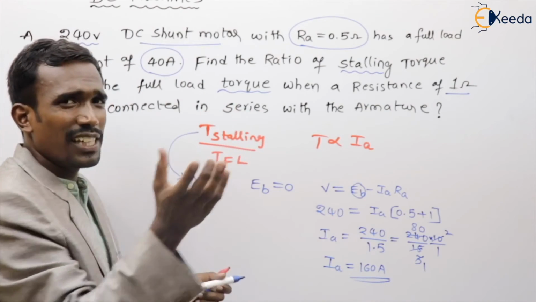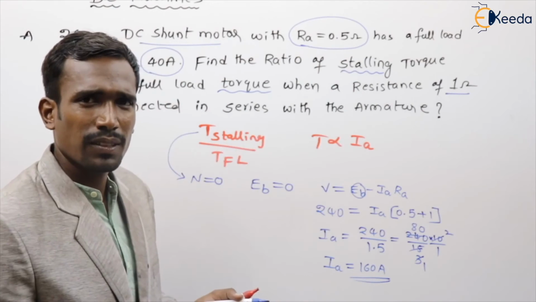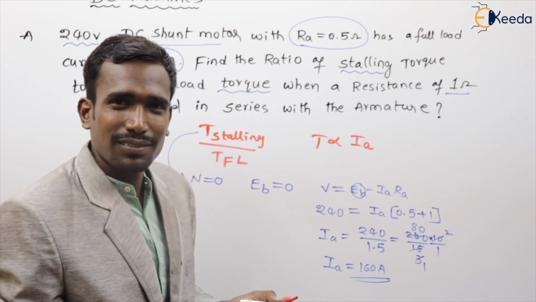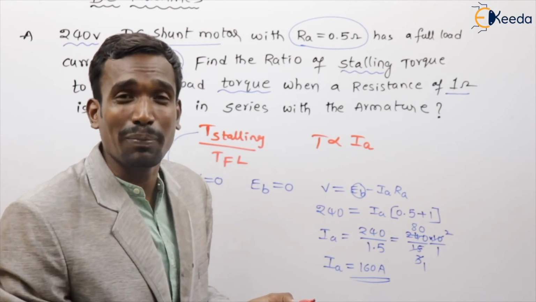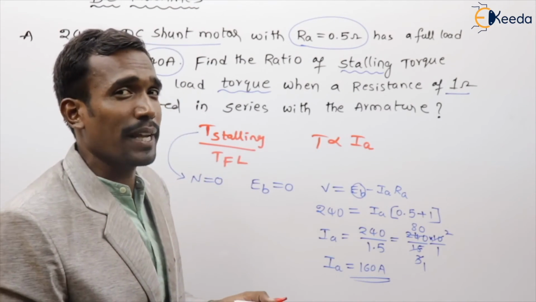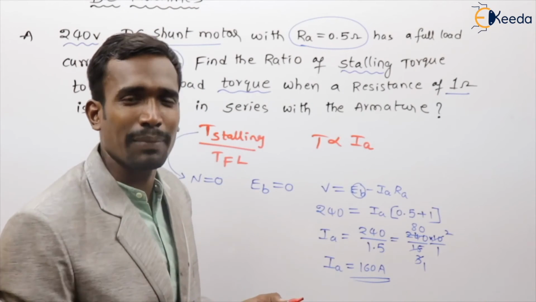Actually, it is a DC shunt motor. The armature resistance is 0.5 ohms only, but he is trying to control the speed, using the armature resistance control method. In this method, we can reduce the speed. He added 1 ohm resistance in series to the armature.